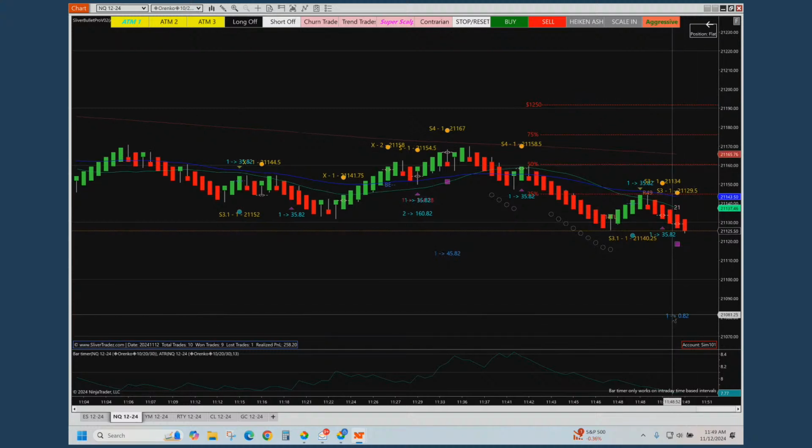I could have kept it because it's a downtrending market. I could have taken a chance, but I wanted to show you guys how to stop the trade when something happened accidentally. This second trade happened accidentally. I didn't intend to take it.